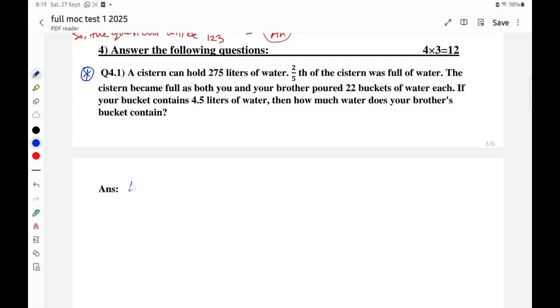Let total cistern equal 1 part. So how much water we should pour, that we have to find first.